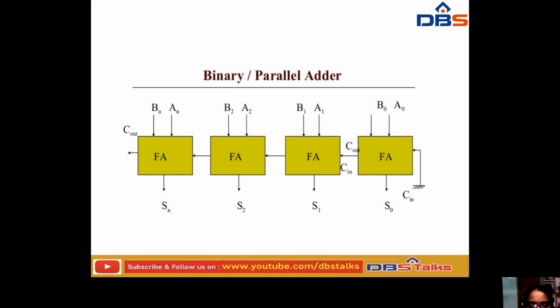Here the first full adder has 2 inputs, A0 and B0, and this is the second full adder, taking 2 inputs A1 and B1. This is the third full adder, with another 2 inputs, A2 and B2, and this goes up to the Nth full adder, with AN and BN. For all these full adders the carry is common, so we have taken the carry in and carry out like this, and the sums that we get are placed here.